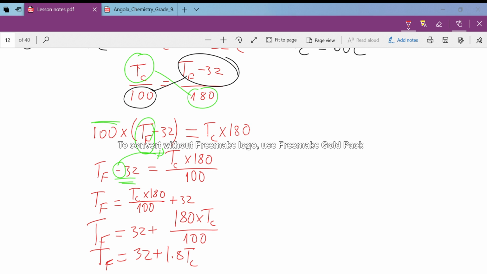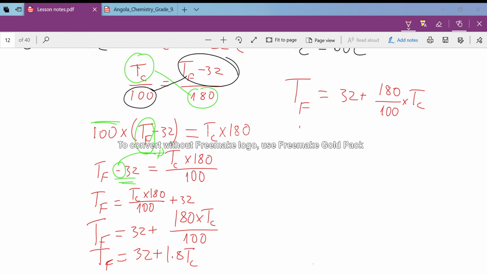Now let's do some exercises. Let me just write the formula here. We have that TF equal to 32 plus 180 over 100 times TC. It's the same thing.